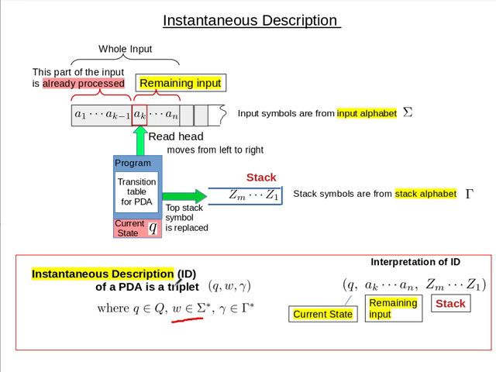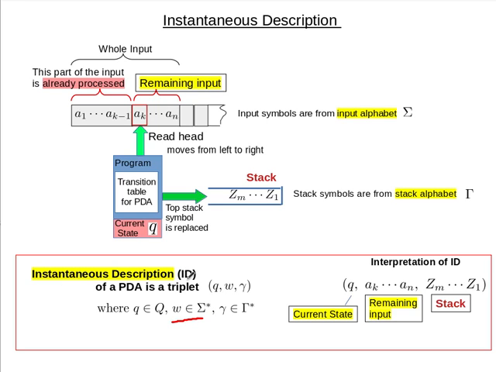Now it may be an ID which may not be reached by your PDA. It is possible that you never reach some odd combination of Q, W, and gamma, but that's okay. Any triplet of this form we call an instantaneous description.